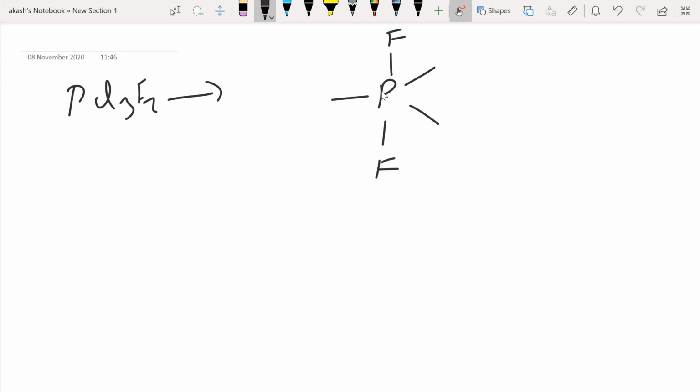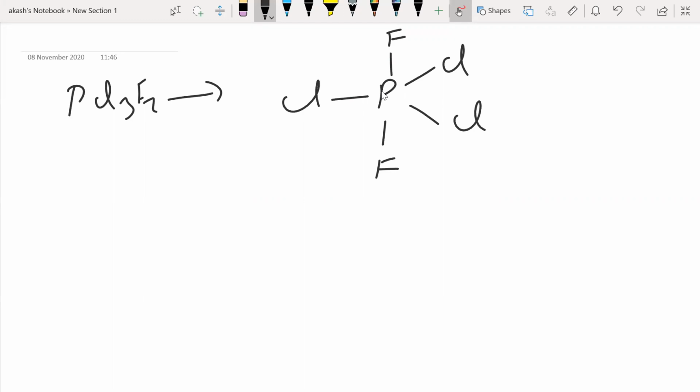The two fluorine atoms will come in the axial position, and the three chlorine atoms will be in the equatorial position. A lot of times I've seen questions coming from this. Be very careful, right? The more electronegative element in the axial position is only for trigonal bipyramidal geometry, for nothing else, because only in that do I have two different types of bonds. This is the geometry of the molecule.